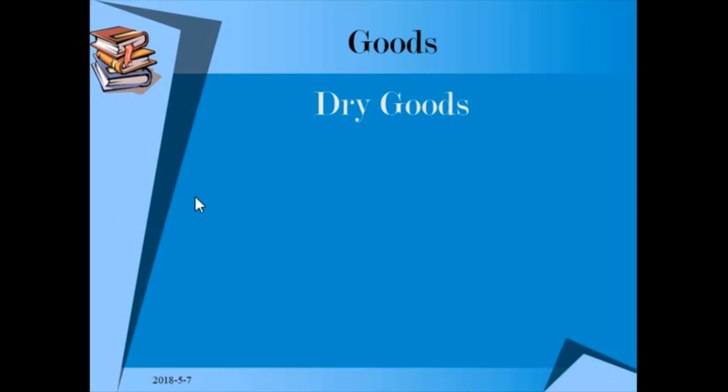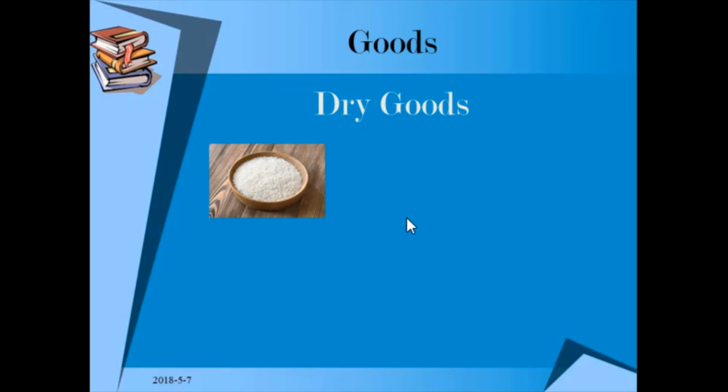Let's have this one. What is this? Rice. Very good. Uncooked rice is an example of a dry good.